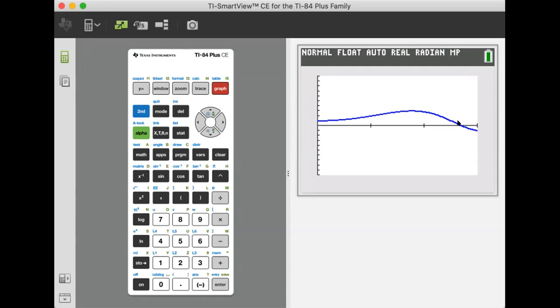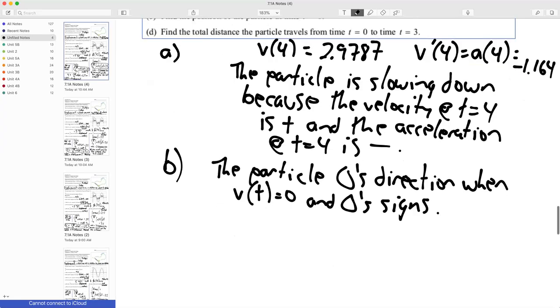So trace that, find the 0. Is everybody okay with doing that? I found it. Take your little spider, do the left bound, right bound, guess. And you should get 2.707.